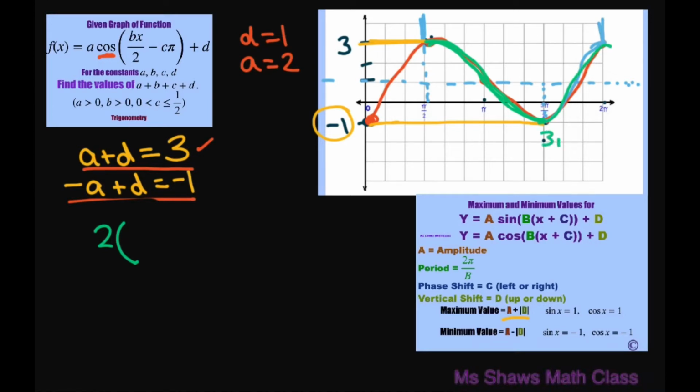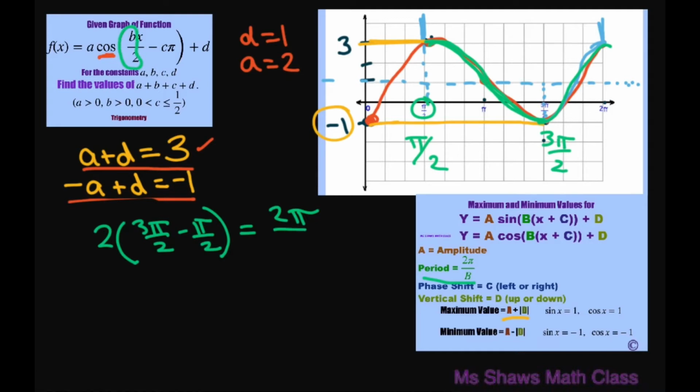This is 3 pi divided by 2, and that's pi divided by 2. So we're going to take 3 pi divided by 2 minus pi divided by 2. Now, this is going to equal, according to your period, 2 pi divided by b. But our b is b divided by 2, because we have something weird there. So this is b divided by 2.